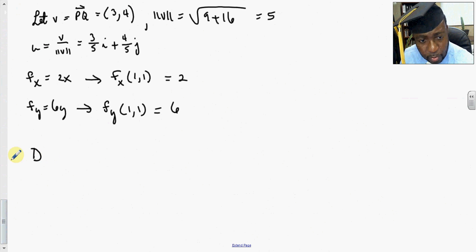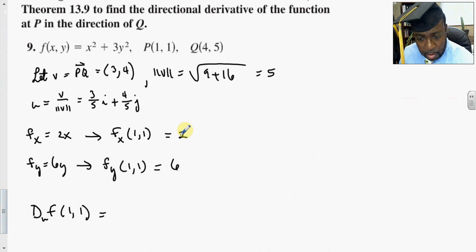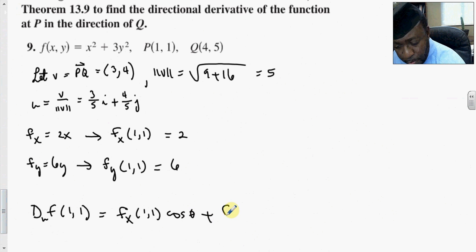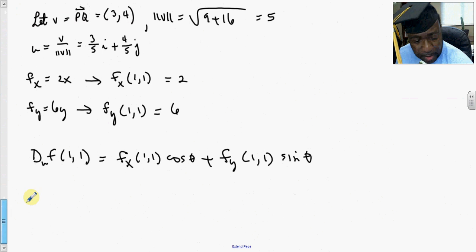So our directional derivative of f in the direction of u at the point 1, 1 is, again, the partial of f with respect to x at the point 1, 1 times the cosine theta plus the partial of f with respect to y at the point 1, 1 times the sine theta.